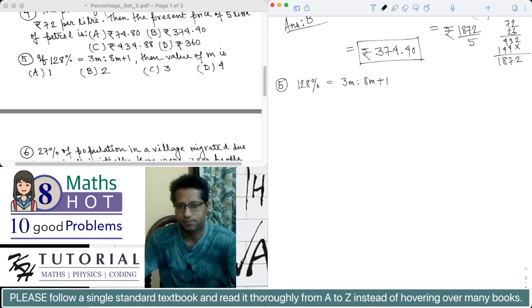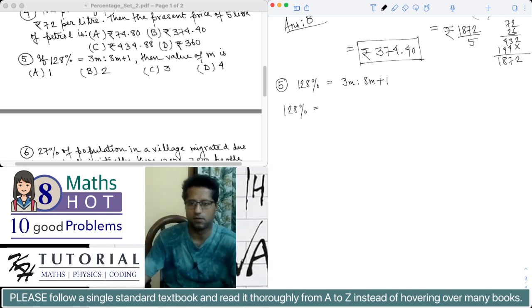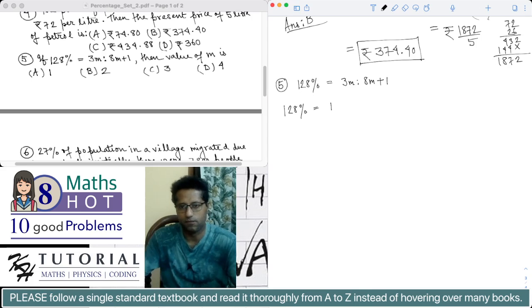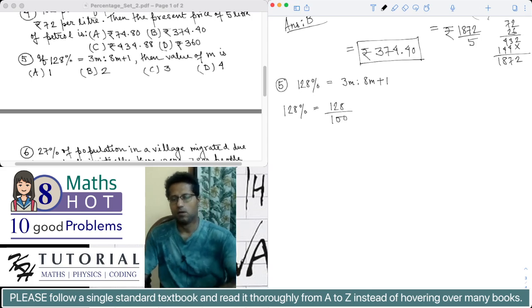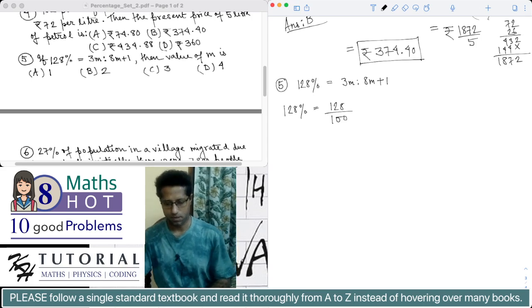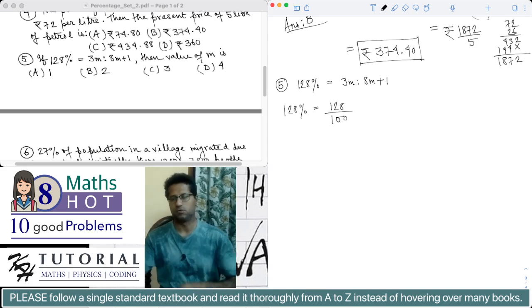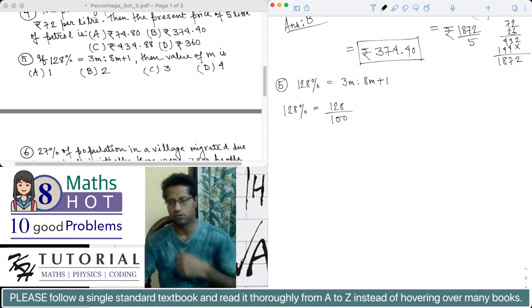Now we know that 128 percentage, when expressed as a ratio, is equal to, first we have to convert the percentage as a fraction. It will be 128 by 100. Now if it is possible to reduce the fraction to its simplest form, we have to do that.